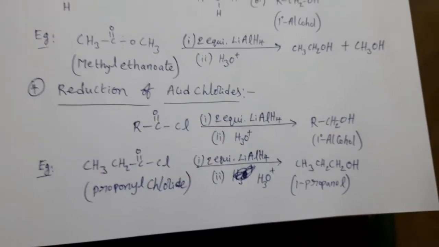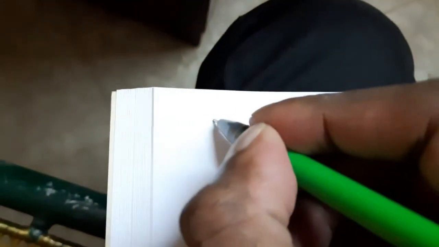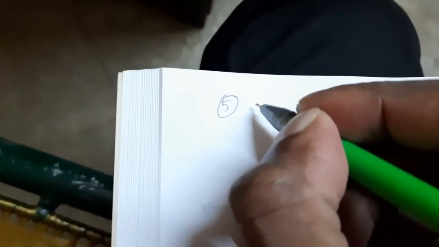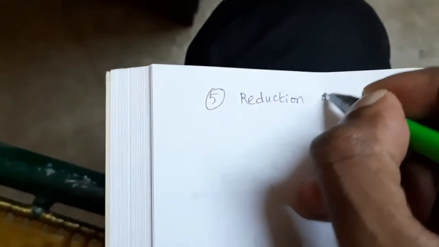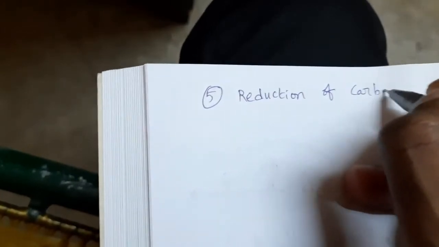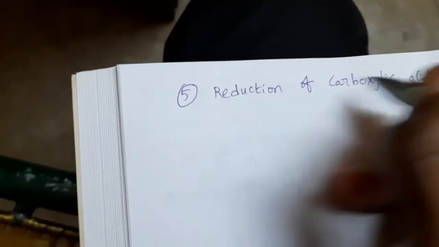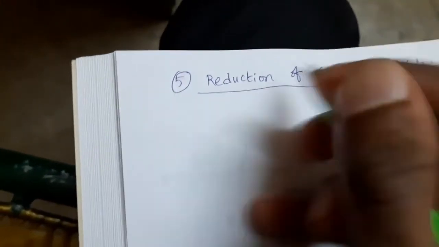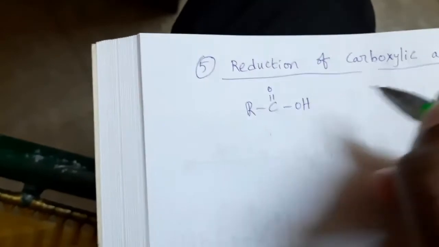Next, reduction of carboxylic acids. See this next functional group. Reduction of carboxylic acids. Carboxylic acids general formula RC double bond OH.